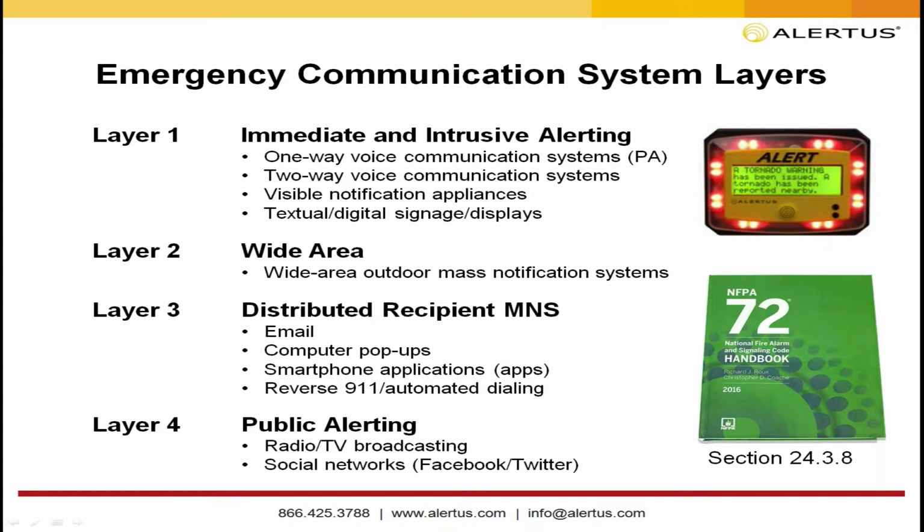Mainly because having different modalities in all the different layers will allow you to hit as many people as possible with the same consistent message, to be able to get that message available to the people that matter, so that they can proceed based on the procedures that you have put in place, or based on the message that you specifically put out there for them.